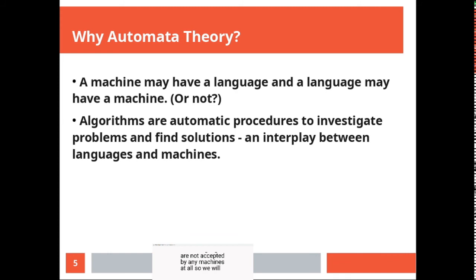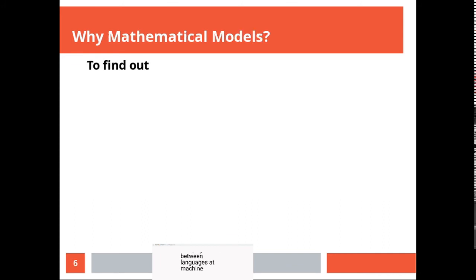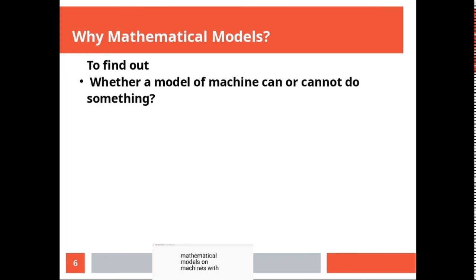We will be designing algorithms or automatic procedures to investigate such problems and find solutions to them. Informally, you can say it is an interplay between languages and machines. Mathematical models or machines help you find out whether a machine can or cannot do something.